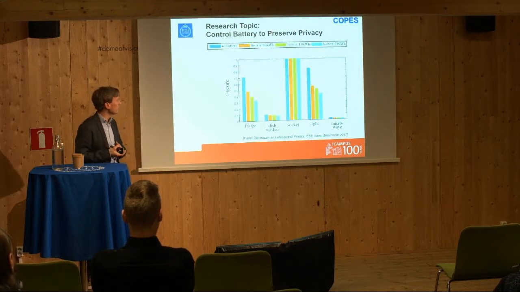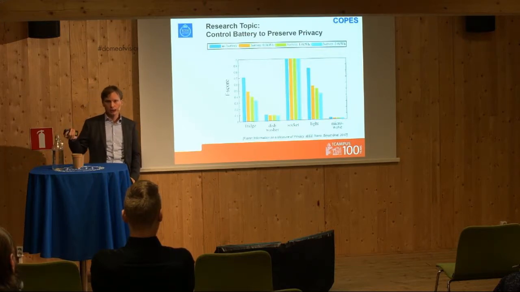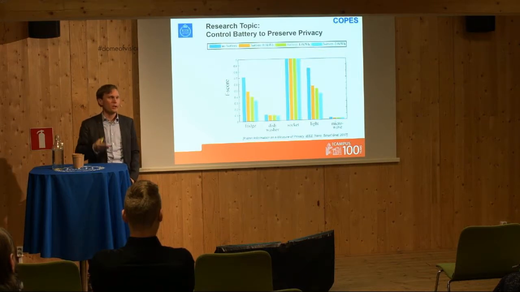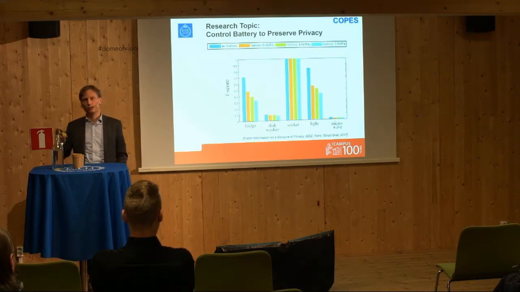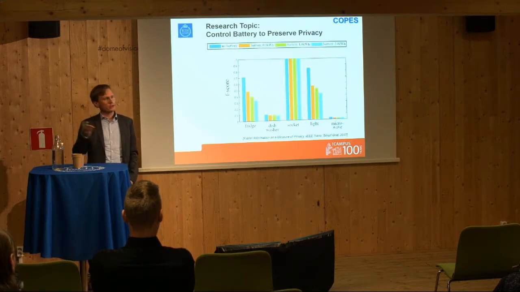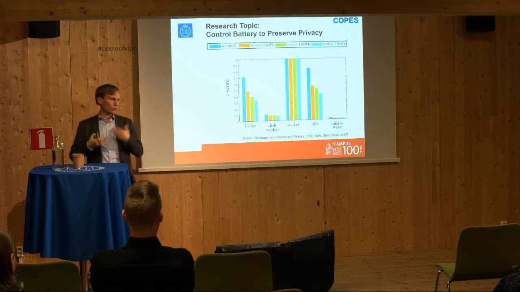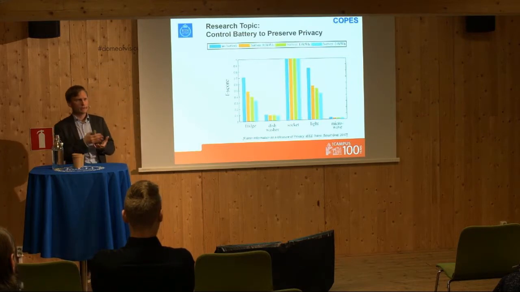The idea is quite simple. Suppose you come home at 6 o'clock and you turn on the light. Instead of taking that energy from the grid and signaling to the world that you're at home, you take it from the battery, your private energy storage, and then of course you don't leak that information. Of course you need to charge the battery to compensate for this at some time, but by doing smart charging and discharging you could decorrelate your personal behavior from your electricity signal, and that becomes an interesting control problem because now we have many objectives.